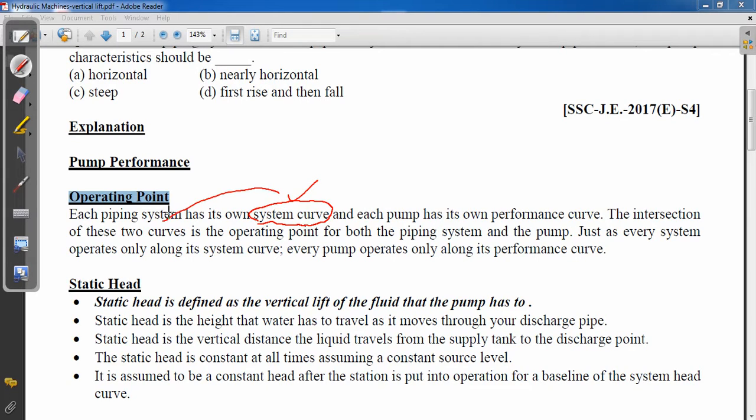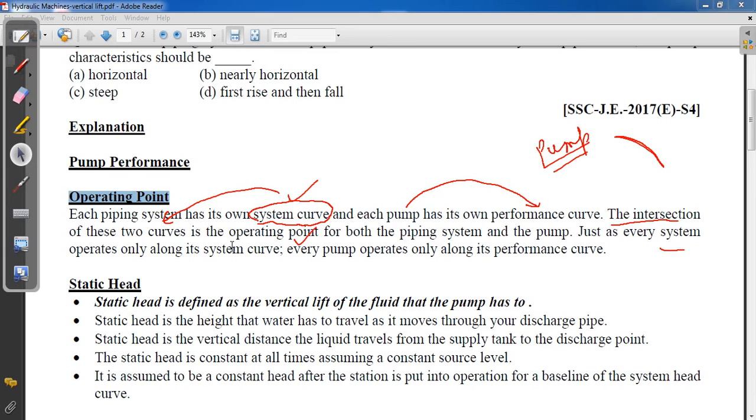The system curve is related to the piping system, and the pump is related to its own performance curve. When you buy a pump from a manufacturer, its performance curve is fixed depending upon the geometry and the instrument used. The intersection of these two curves is known as the operating point, and the system operates only on its system curve while the pump operates on its performance curve.